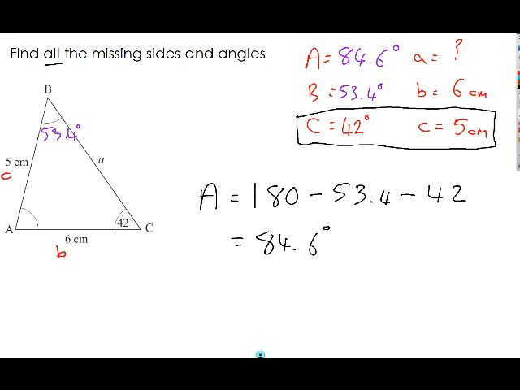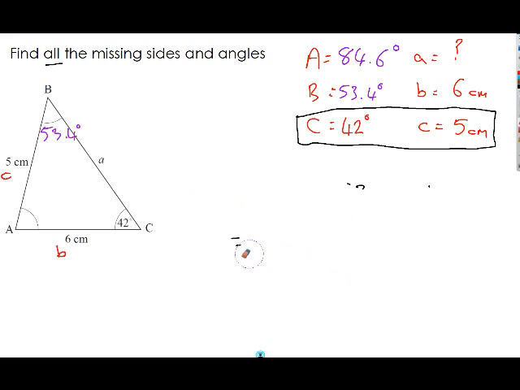And now that we have that, we can find side A as well. So it doesn't really matter which pair I use in order to try to find side A, but I might have made a mistake finding angle B. So because I know these two numbers must be correct because they were given to me in the question, I'm going to use sine A over A equals sine C over C. I'm going to substitute in my numbers.